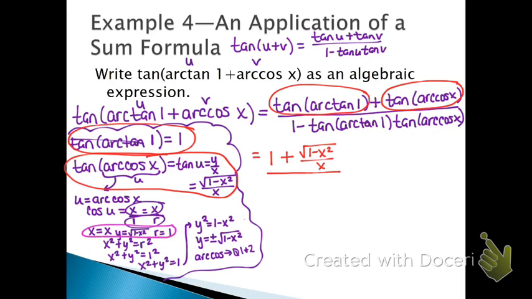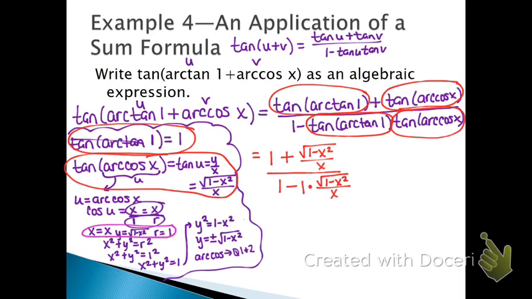Over 1 minus, what did you tell me tangent of arctangent of 1 was equal to? Times, what did you tell me tangent of the arc cosine of x was equal to? That's the square root of 1 minus x squared over x.